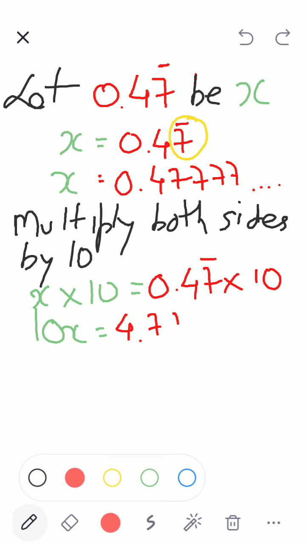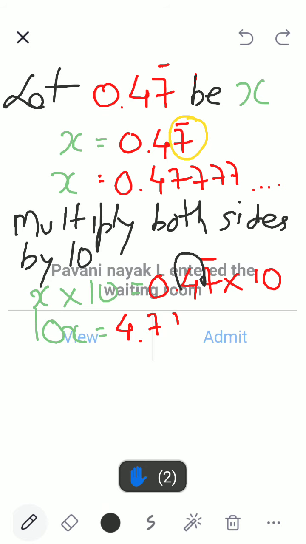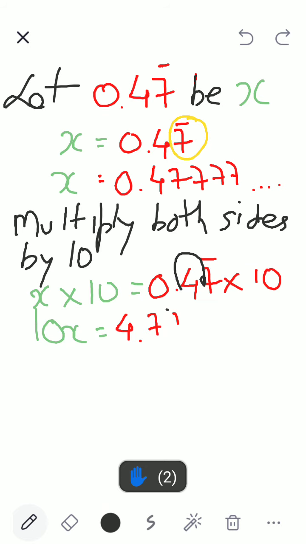Why? Because this decimal shifts one place to the right. So it becomes 4.7777 dot dot dot. So 10x is equal to 4.7 bar. Clear? Children, any doubt?